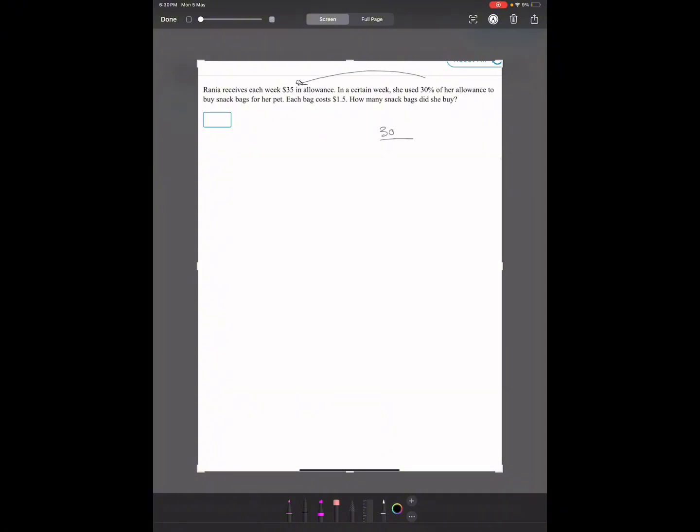Let's say I get 35 allowance, and I wanted to buy food for my dog, and I wanted to use 30% of my allowance, not 100%, not 40%. So 30% of 35, you get 10.5.